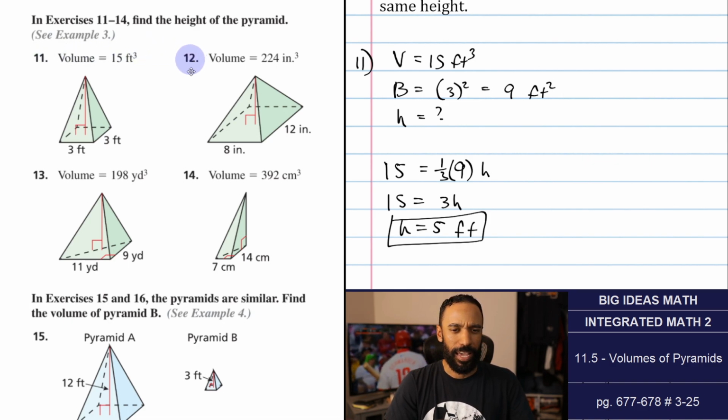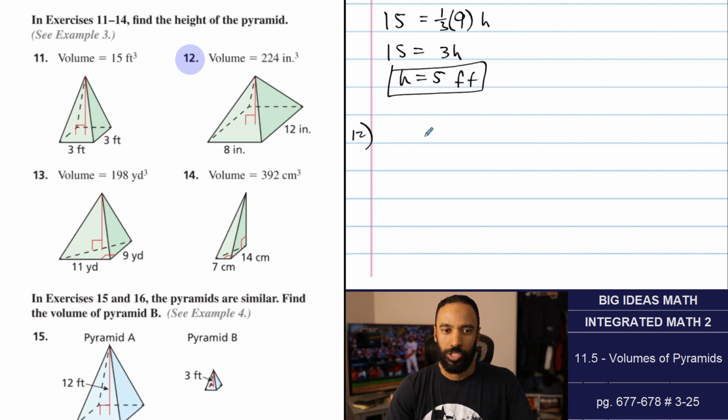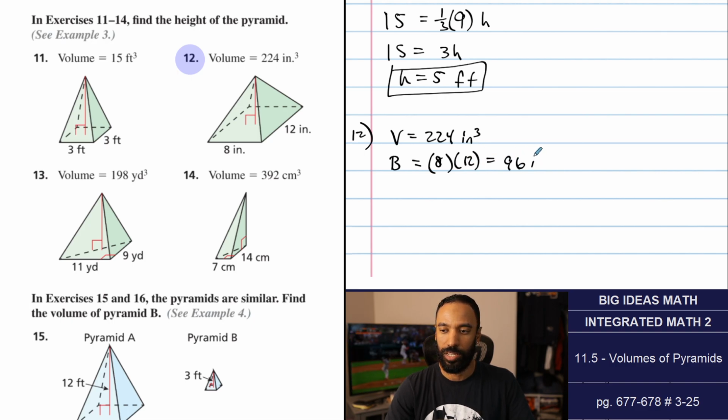Number 12, these ones seem easier than the ones before, especially because you have the drawing this time, right? So number 12, we have a volume of 224 cubic inches. We have area of base. It's a rectangular pyramid, so 8 times 12, which is 96 square inches. Unknown height.